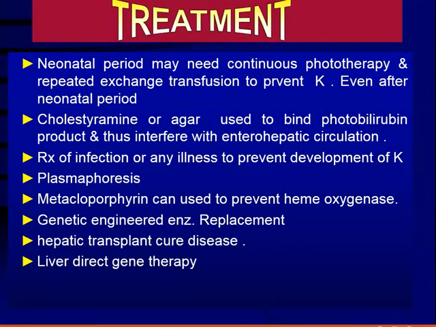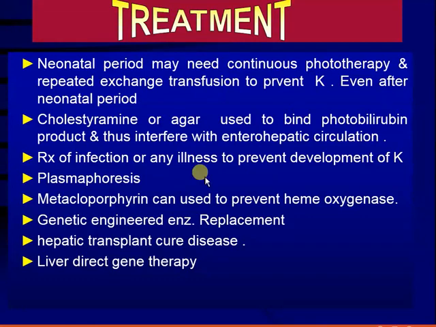Treatments: in the neonatal period may need continuous phototherapy, and repeated exchange transfusion may be needed to prevent kernicterus, even after the neonatal period. Cholestyramine or agar is used to bind photobilirubin products and thus interfere with enterohepatic circulation.